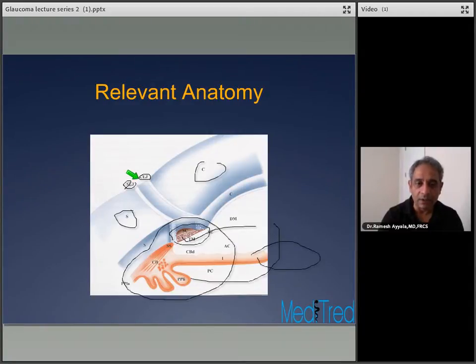Important landmarks for the surgeon to know as we talk about the canal-based surgical procedures in the future. Now, posteriorly, you will see the ciliary body. Ciliary body, briefly, is like a triangle in cut section, which is what you're seeing here. The anterior face of the ciliary body is what you see in the angle.